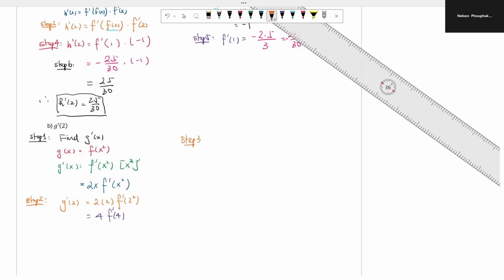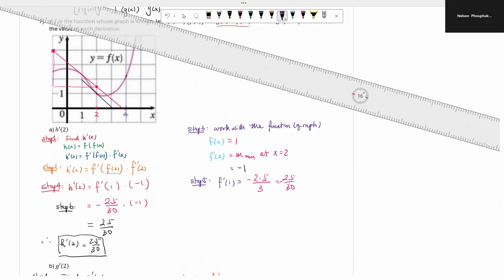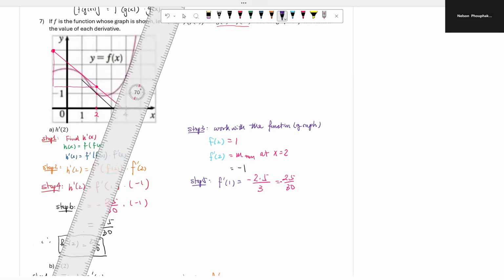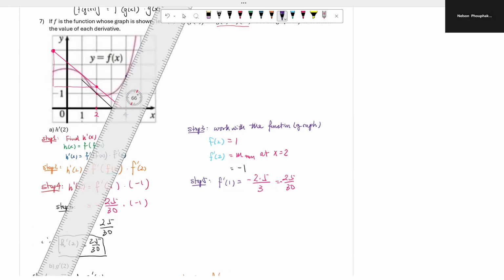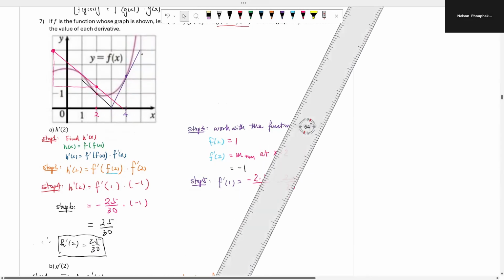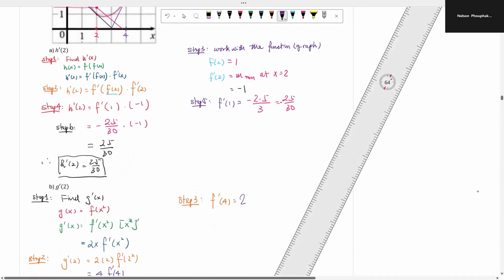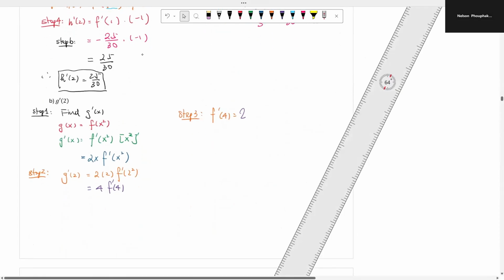Step 3, f prime of 4 is equal to... it seems that we go up by 4, and then 1 by 2, so it is about 2. Then we have 4 times 2, which is 8.